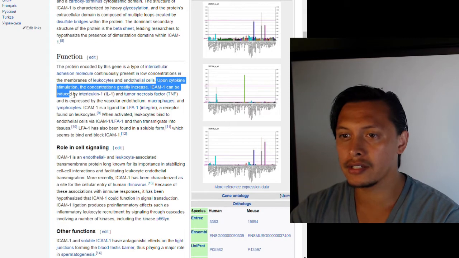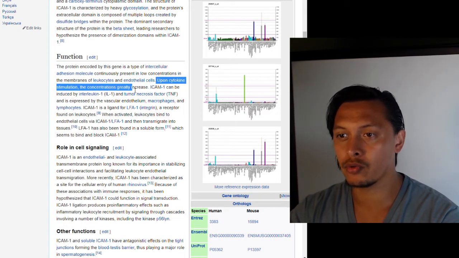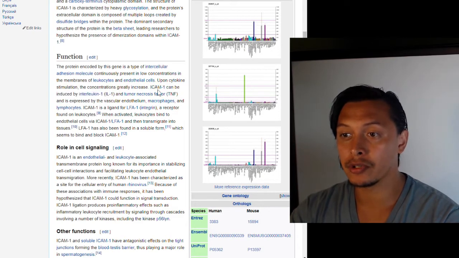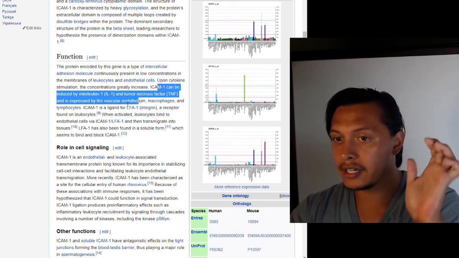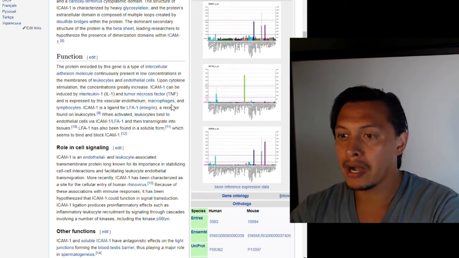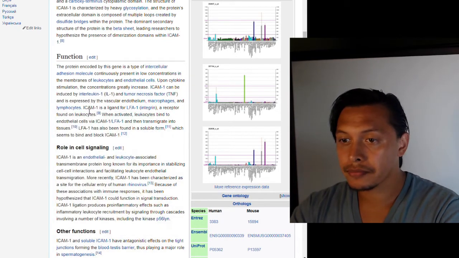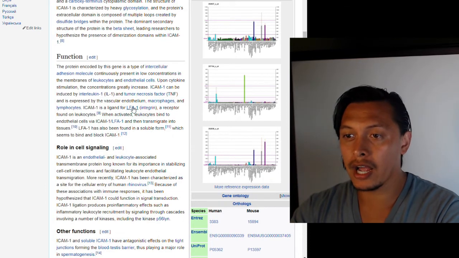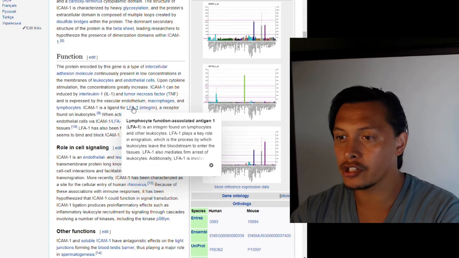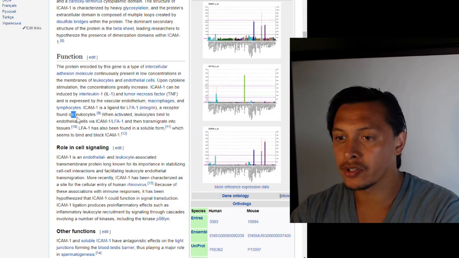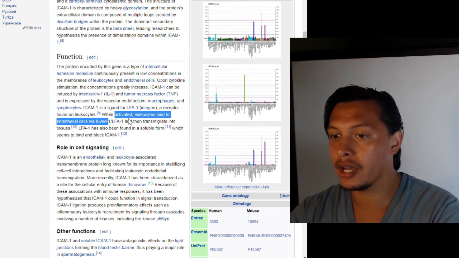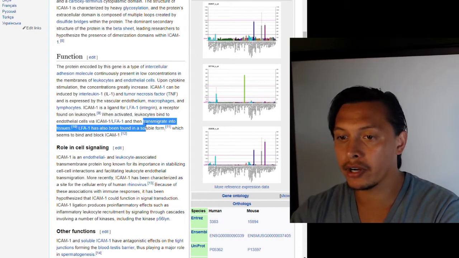Upon cytokine stimulation, the concentrations greatly increase, and ICAM1 can be induced by interleukin-1 and tumor necrosis factor, and is expressed by the vascular endothelium, macrophages, and lymphocytes. ICAM is a ligand for LFA1, the lymphocyte function associated antigen 1, which is a receptor on leukocytes. When activated, the leukocytes bind to endothelial cells and then transmigrate into tissues.